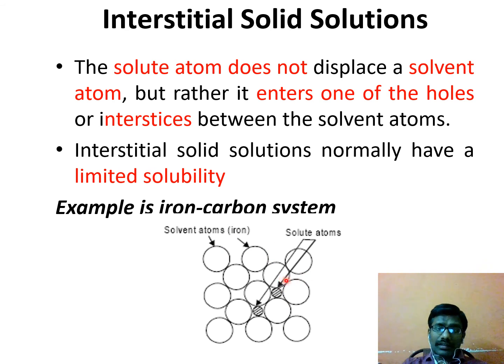The carbon occupies the void spaces in the crystal structure of the iron. So this is called interstitial solid solution. It enters one of the holes or interstices between the solvent atoms.